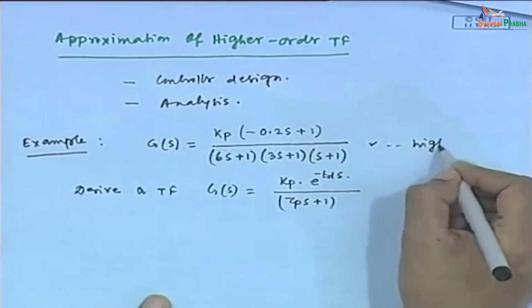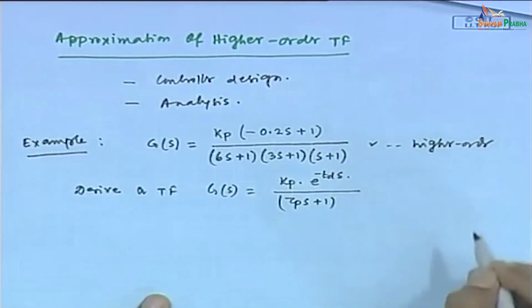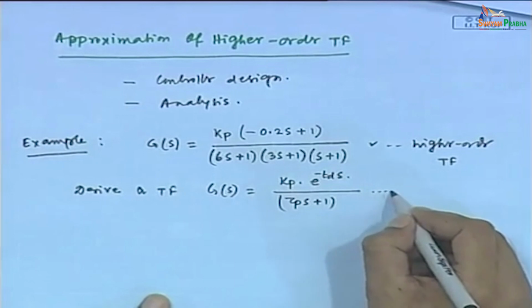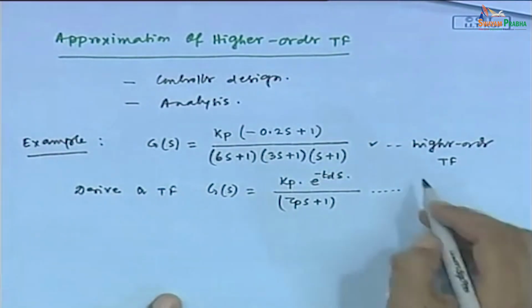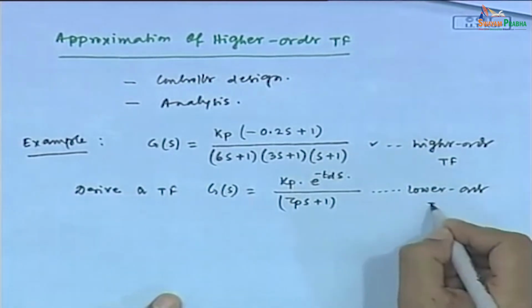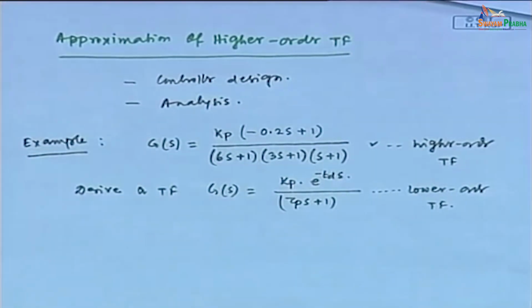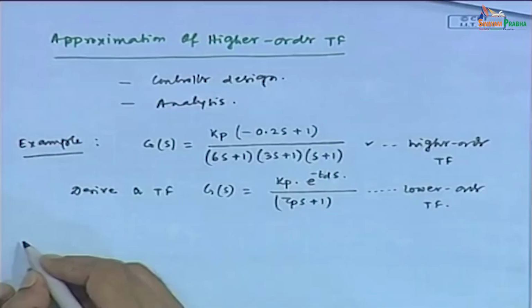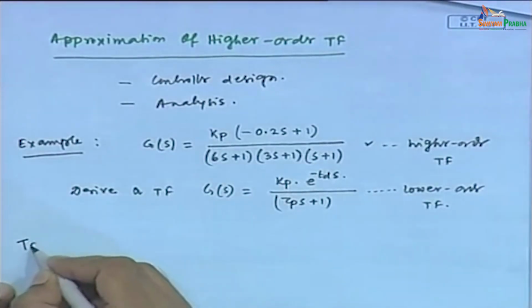This is the higher order transfer function, and our purpose is to transform this to a lower order transfer function. Now, this we can do by the use of the Taylor method. So, first we will use the Taylor method.